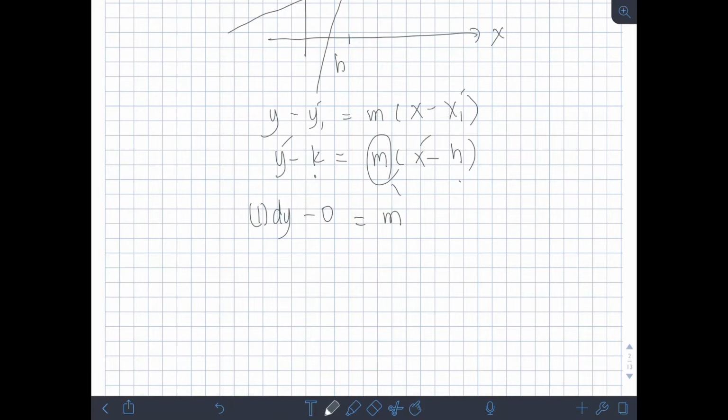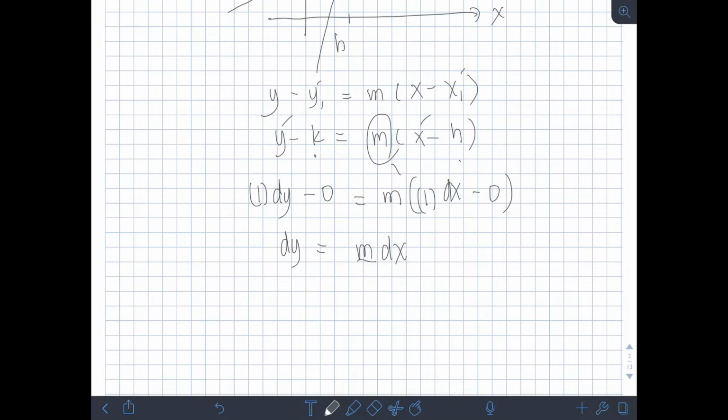Ito, constant lang din, so itatabi lang natin sa gilid. Differentiate natin tong quantity x minus h. Itong derivative ng x ay 1 times dx for implicit differentiation. And then, yung derivative ng negative h is constant yung h, so 0. So, minus 0. Therefore, we have dy is equal to m times dx. Solving for m, divide both sides by dx, we have m is equal to dy over dx.